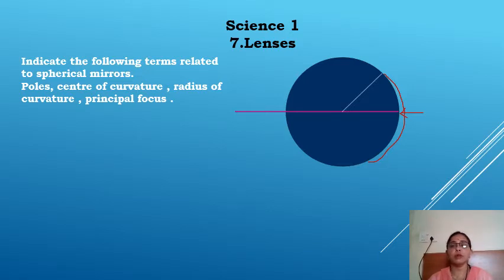And the principal focus: if the incident rays are parallel to the principal axis, they reflect back and meet at one point. That point we call the principal focus.